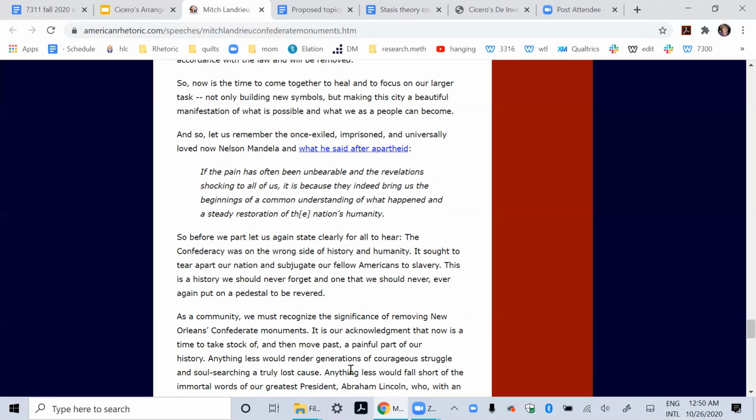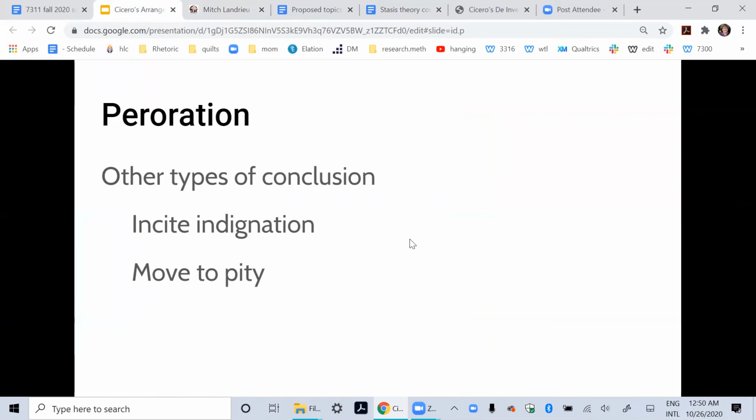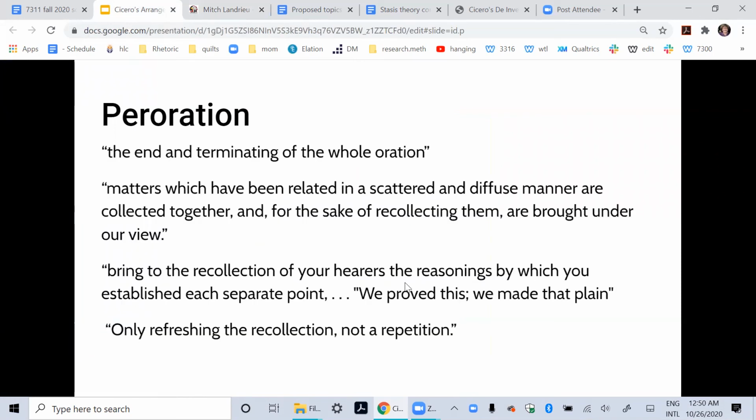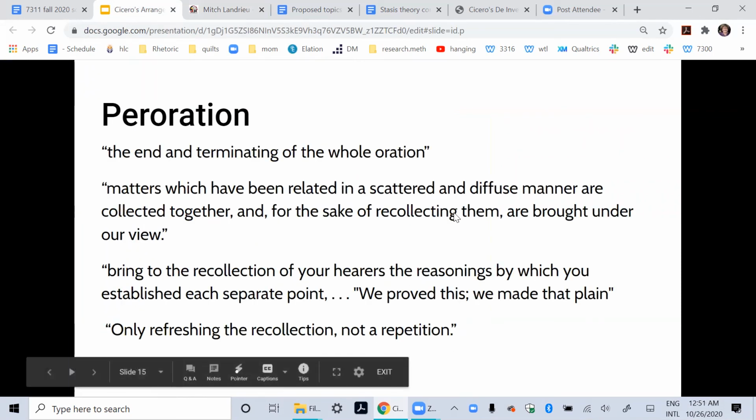And you certainly see him doing that in this speech, and especially the more and more it builds up to this kind of large plea at the end. But just as Cicero said, he basically brought together all the disparate things that he'd said.